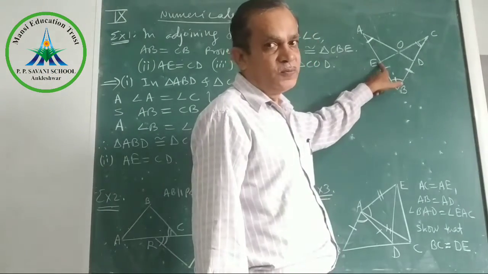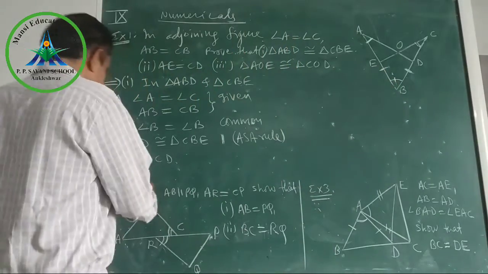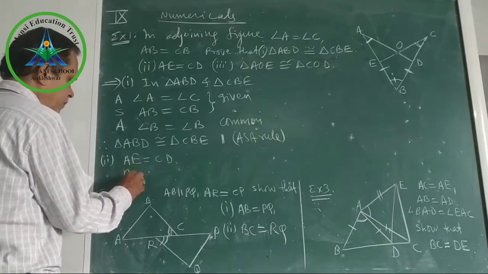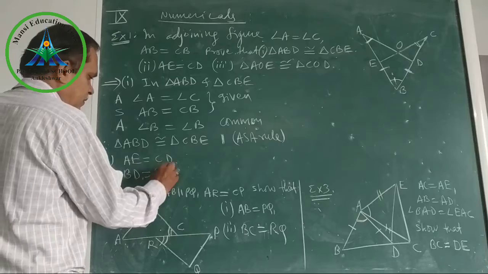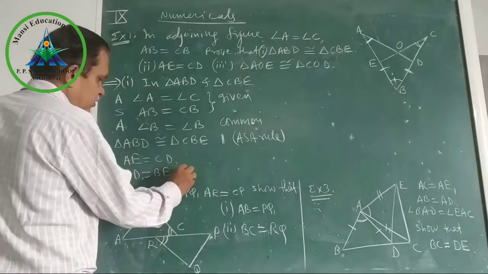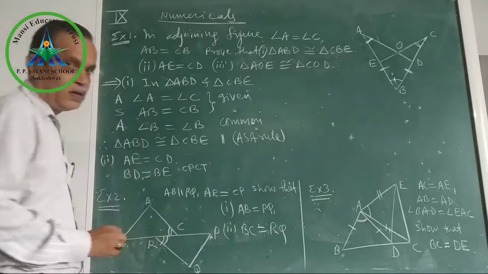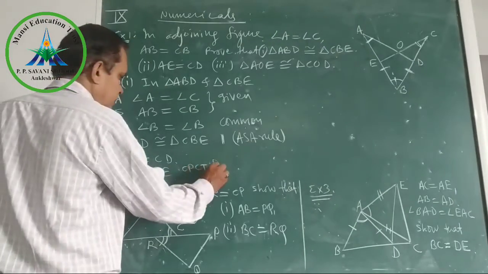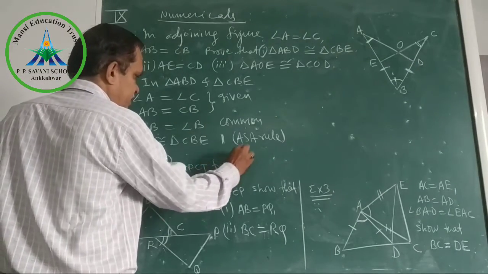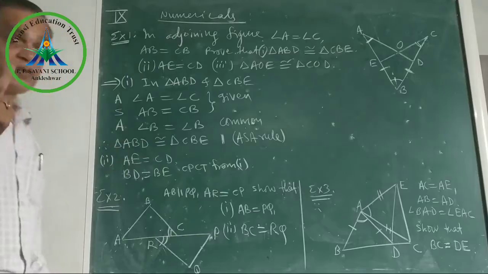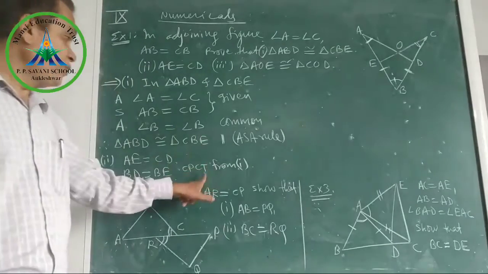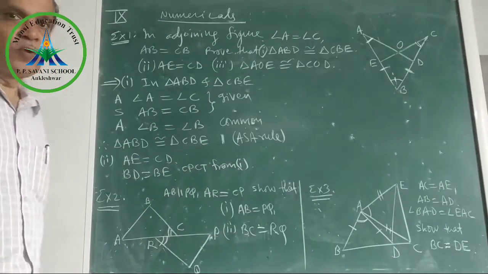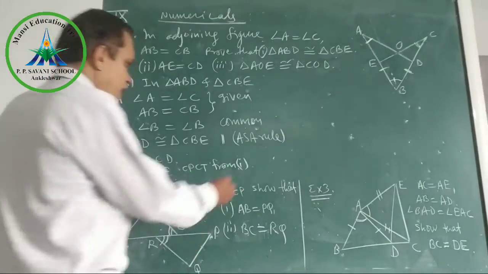Yes or no? We can write BD equal to BE. What support? CPCT. CPCT means you have to state from which two triangles. We proved it in the first, so from the first. Okay. Now I am giving this number 1.